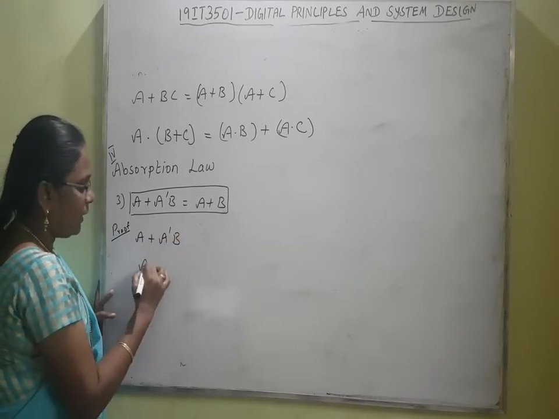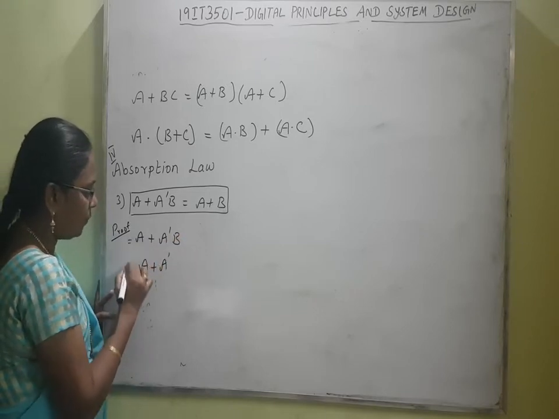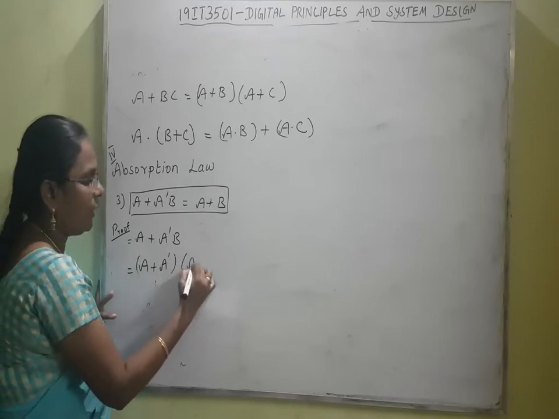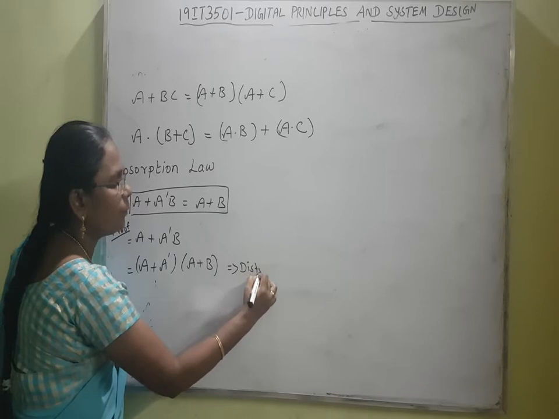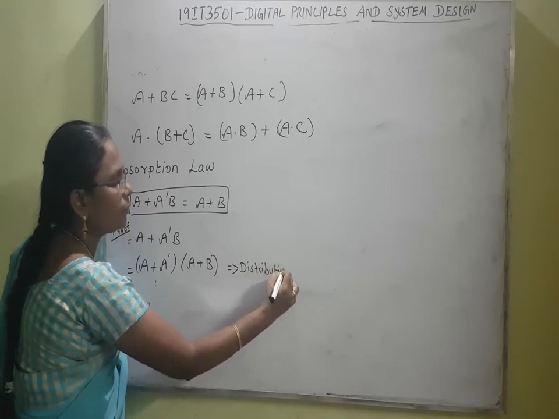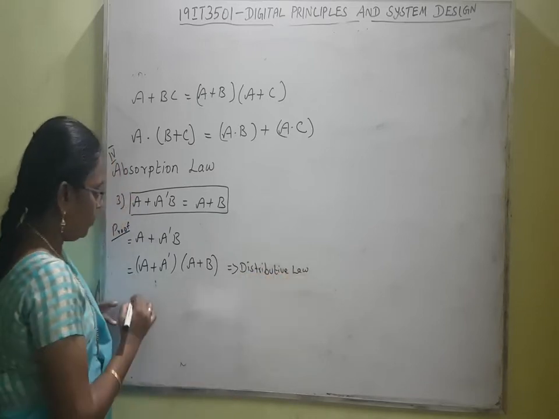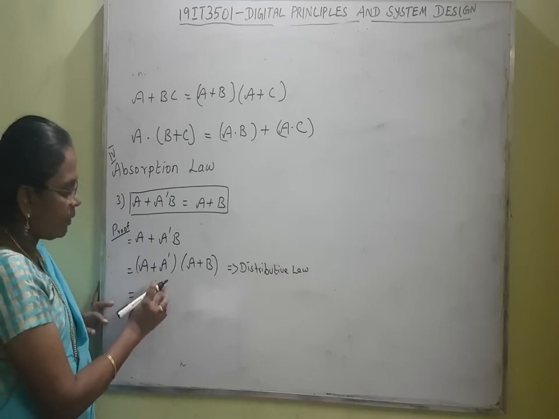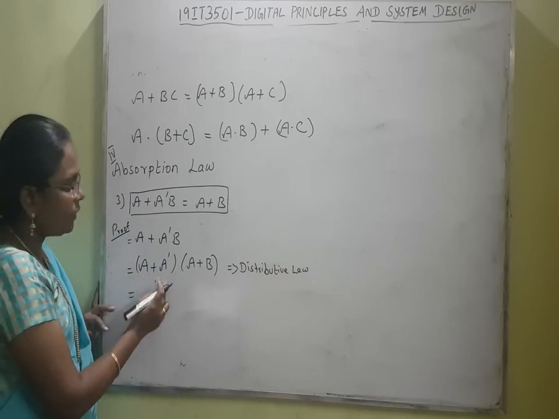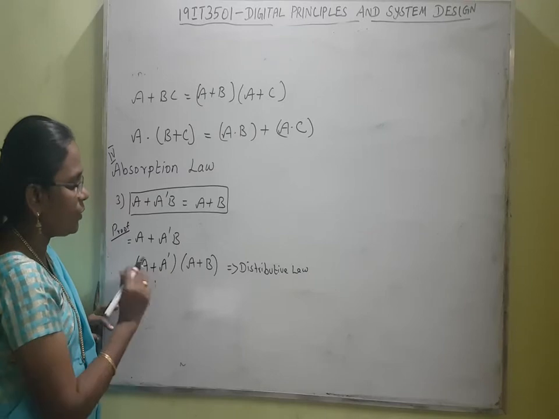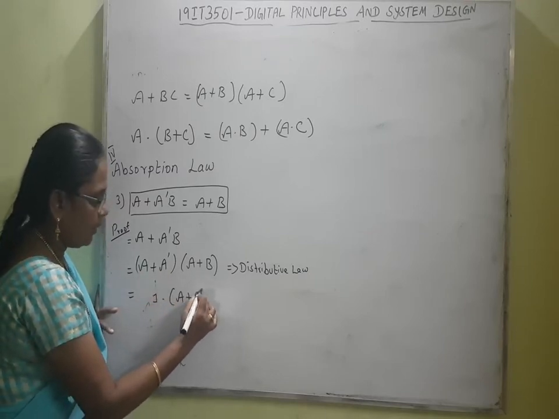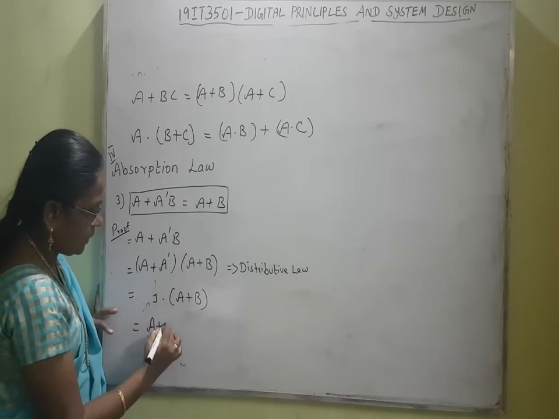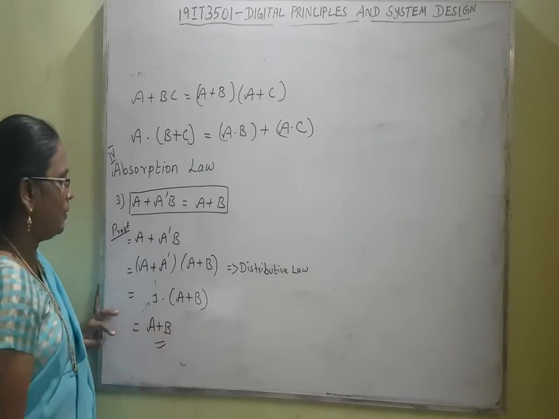Use distributive law: a plus a bar into a plus b. What is a plus a bar? A term and its inverse, 0 plus 1 or 1 plus 0, is always 1. So 1 into a plus b, which is equal to a plus b. So that is the answer.